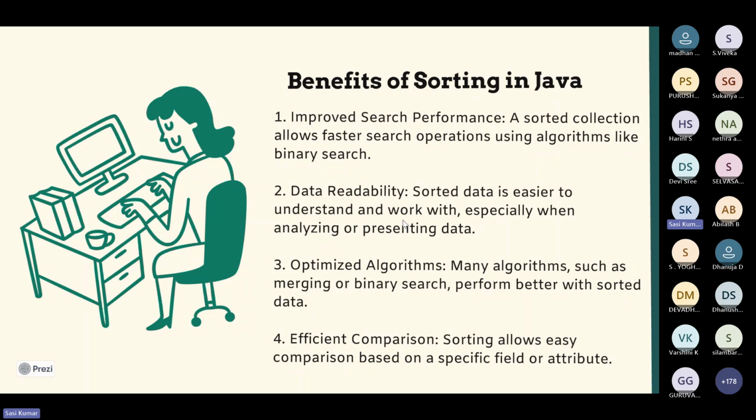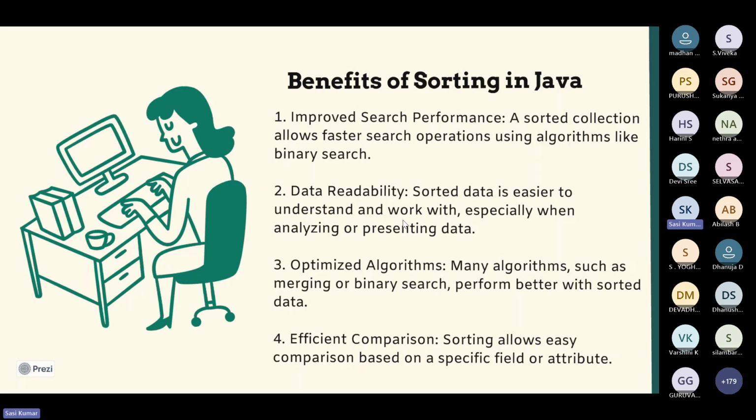So you know that in bubble sort, or binary search, say for example you want to do binary search, what is the first rule in binary search? First rule is you need to sort the array. Only in the sorted array can you perform binary search. So mainly it improves the performance of the searching operation.